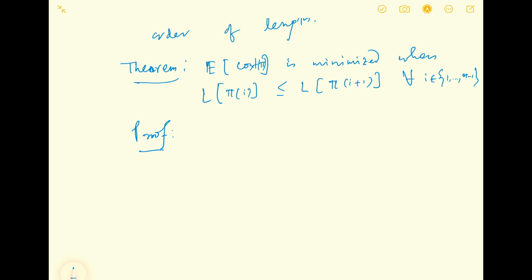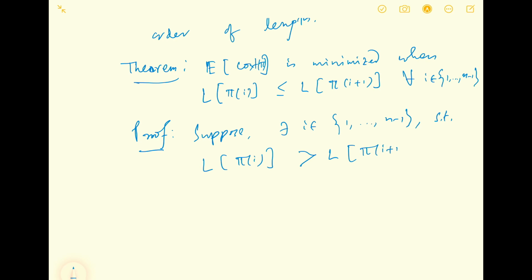That means suppose, if possible, there exists i in 1 to n minus 1 such that L of pi i is strictly greater than L of pi i plus 1. That's what it means, that this condition does not get satisfied for some i.